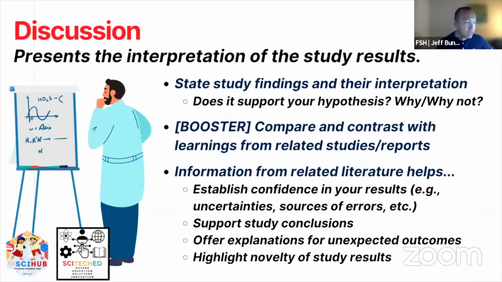Reviewing the literature during the discussion drafting also helps you offer explanations for unexpected outcomes. When you see a weird result that you cannot explain, and you no longer have time to study it further, the explanation might come from comparing it with what others had observed. And most especially, highlighting the novelty of your results.